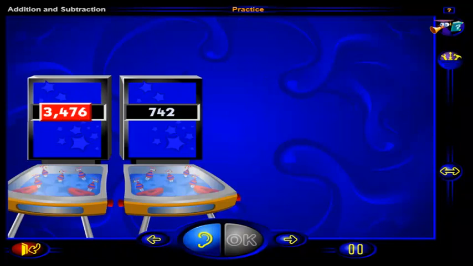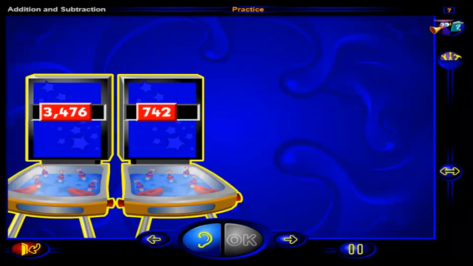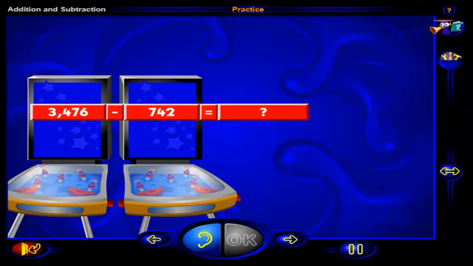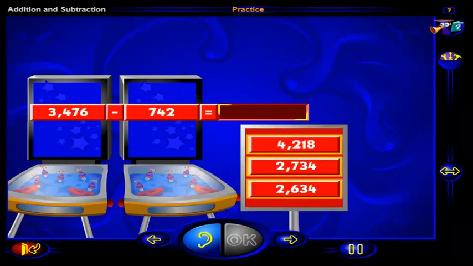3,476 points were scored on this pinball machine, and 742 points were scored on this pinball machine. What is the difference between these numbers? Drag the number here, then click OK.